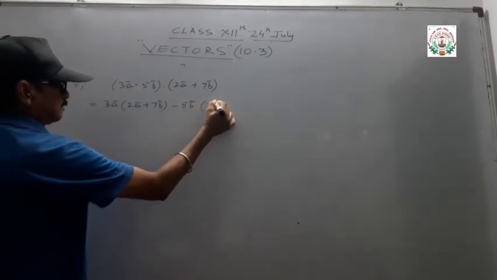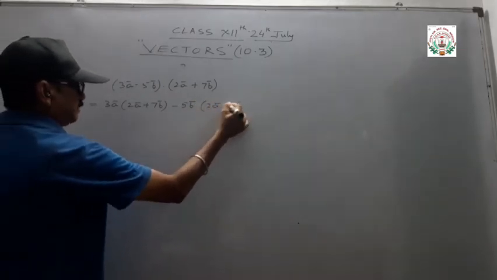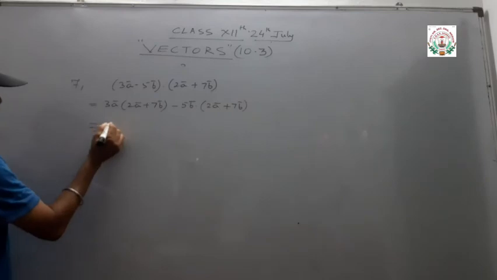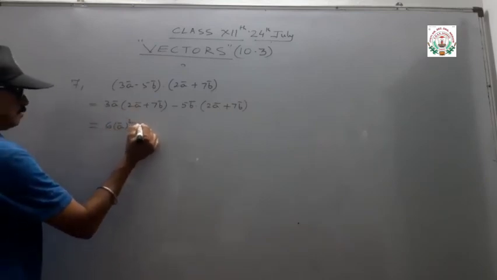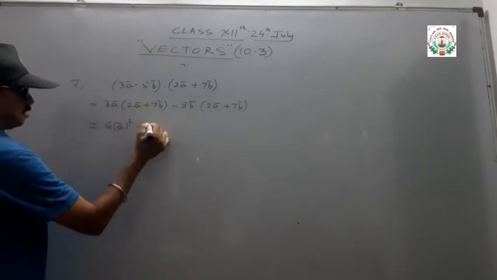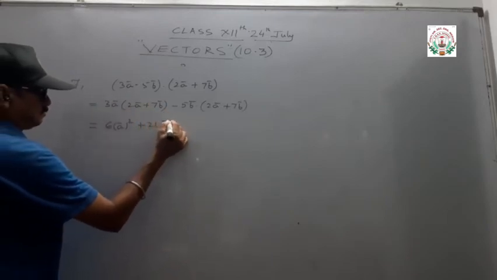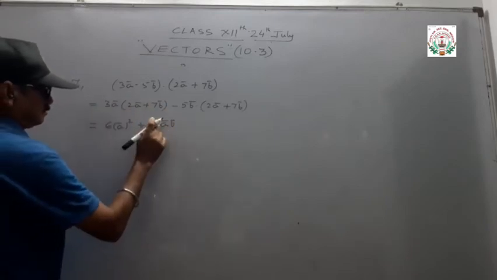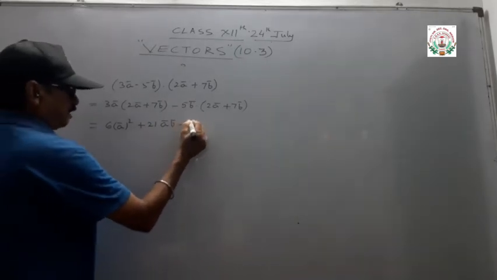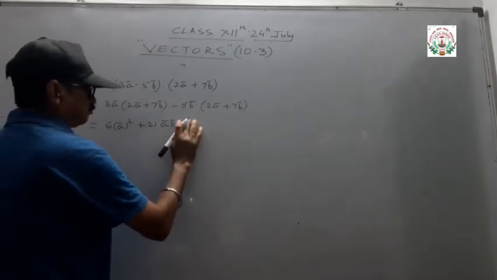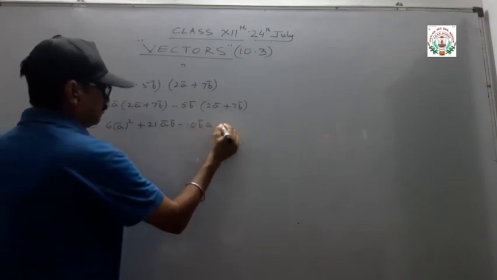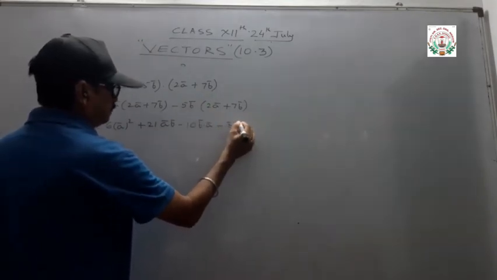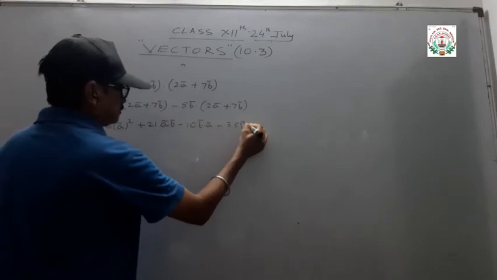into the second bracket 2a vector plus 7b vector, which becomes 3 into 2 is 6, a vector square, plus 3 into 7 is 21, a vector dot b vector, minus 5 into 2 is 10, b vector dot a vector, minus 7 into 5 is 35, vector b square.